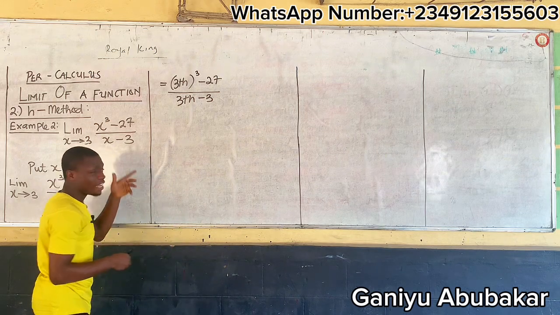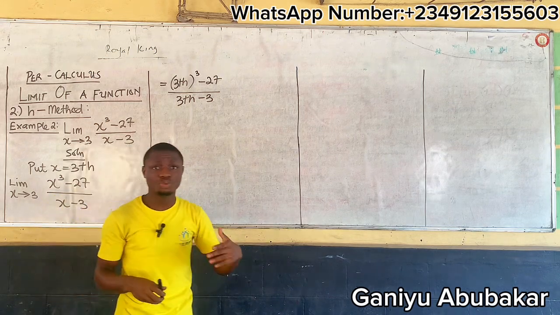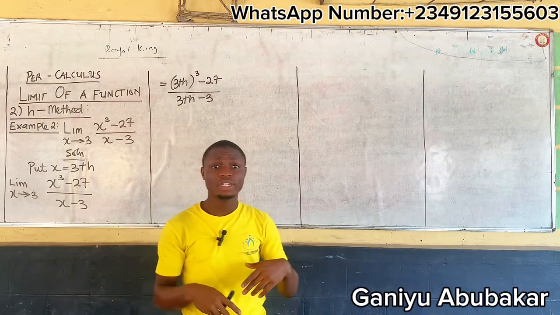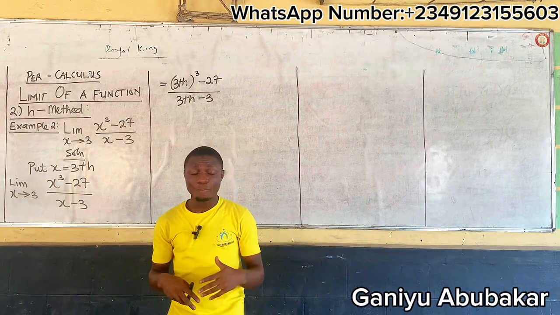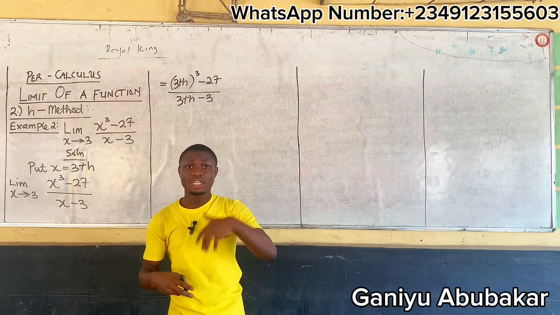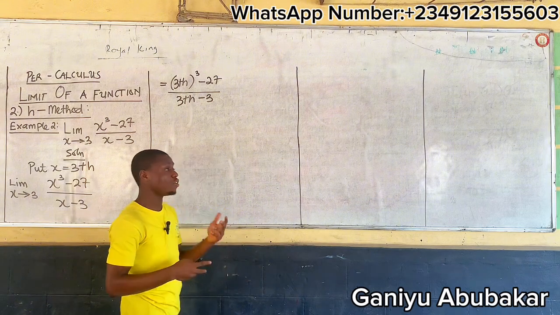So to save time in the expansion, I'll drop the link to how to expand something of this nature in the description of this video, right? I've done a video on the binomial theorem and Pascal's triangle, so you can reach out, you can watch the previous classes there to understand how to expand questions of this nature.